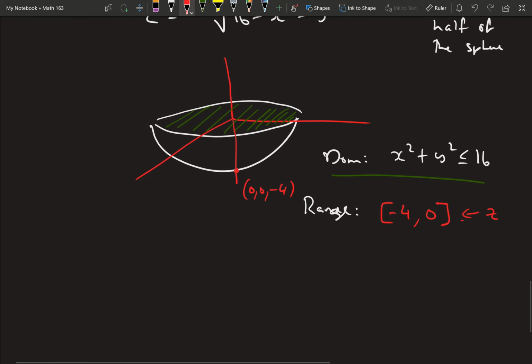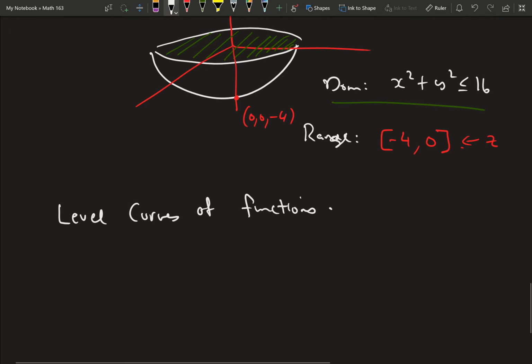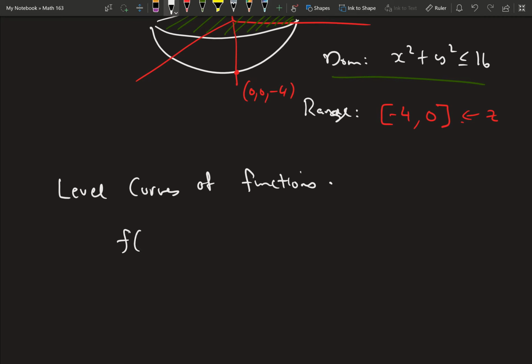So that's the idea for these functions. By the way, you can also label what are called the level curves of functions, and those are curves you get when you take the function f of x, y and set it equal to some value c.